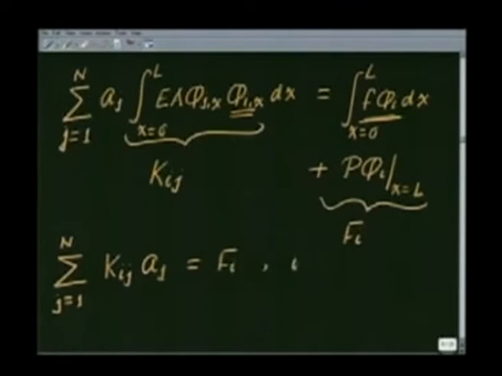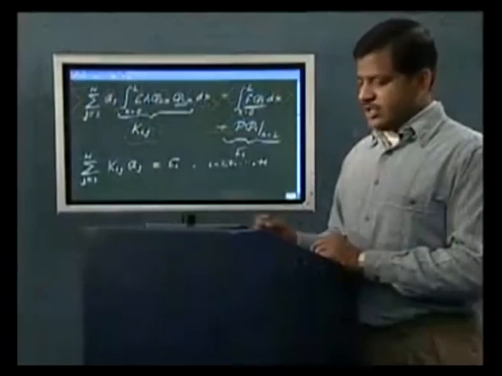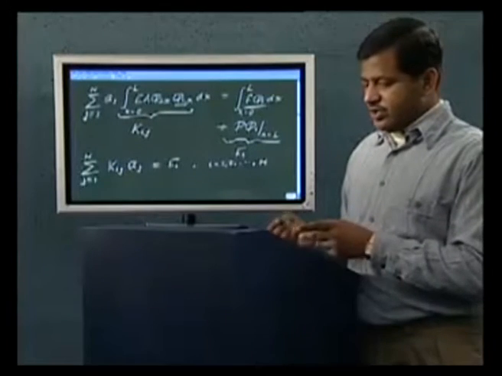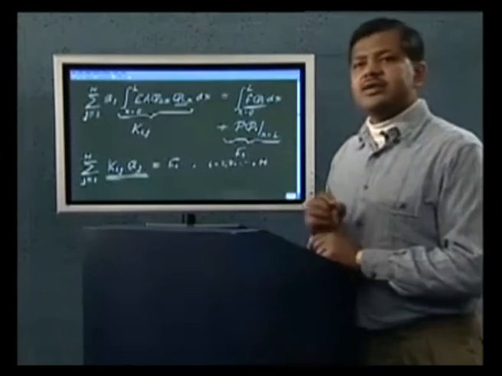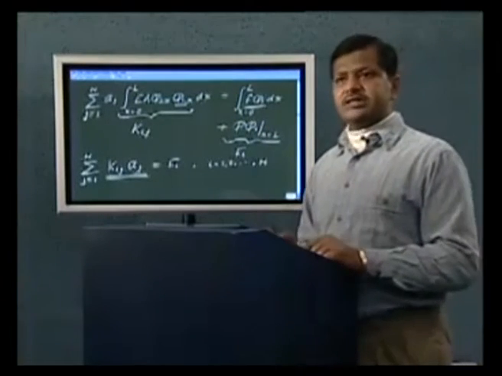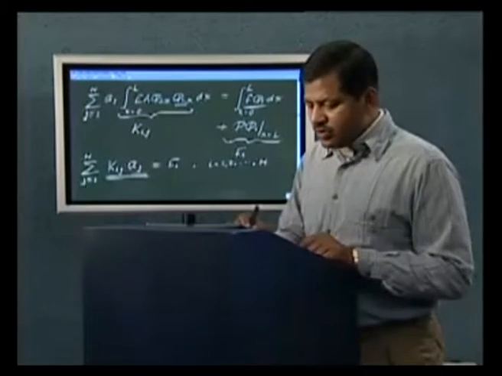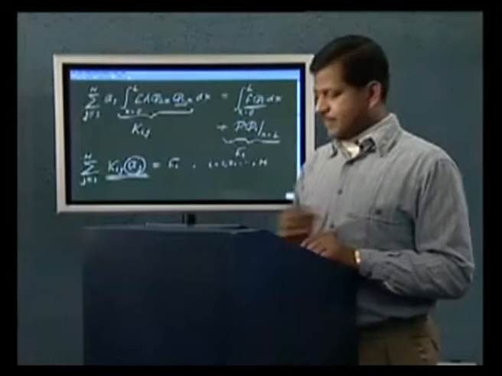Now for i going from 1 to n, that is for each of these i's, we'll get an equation. So now what we have is a system of linear equations, or simultaneous equations, in terms of the unknown coefficients aj.